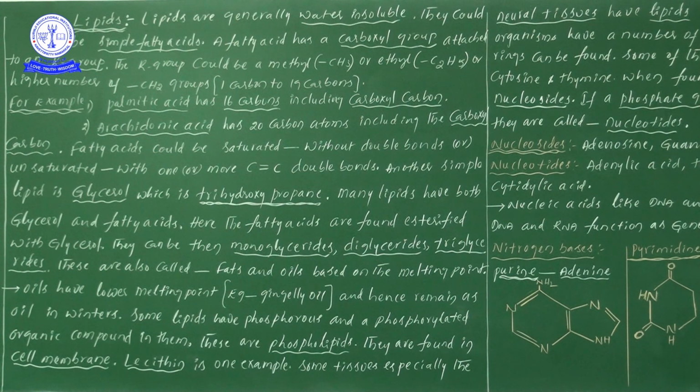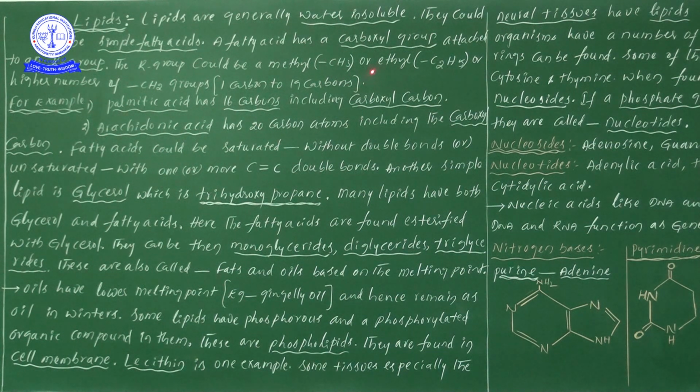If you take one particular fatty acid, the carboxyl group it has binds to the R group. Now you may get a doubt: what is the R group? The R group can be a methyl group, the CH3 group.